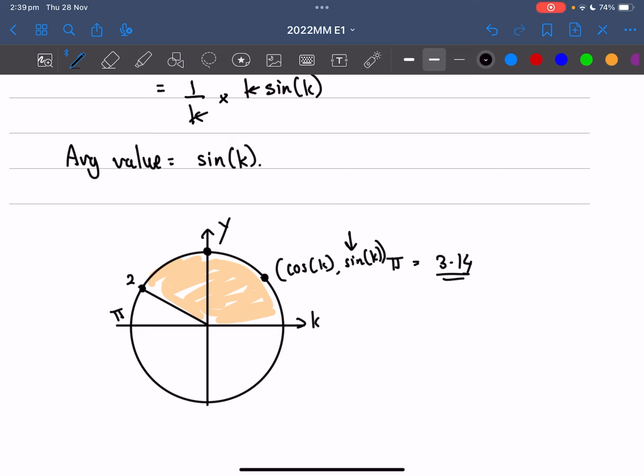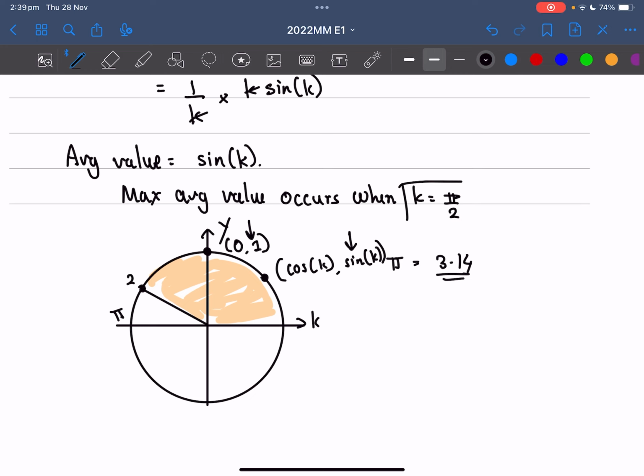And what's the y coordinate there? It's going to be 0 and 1, so the y coordinate there is 1. So the maximum average value occurs when k equals, so what would the value of k be to give sine equals 1? Pi on 2, right? If we have sine pi on 2, that gives us a value of 1. So k has to be pi on 2.